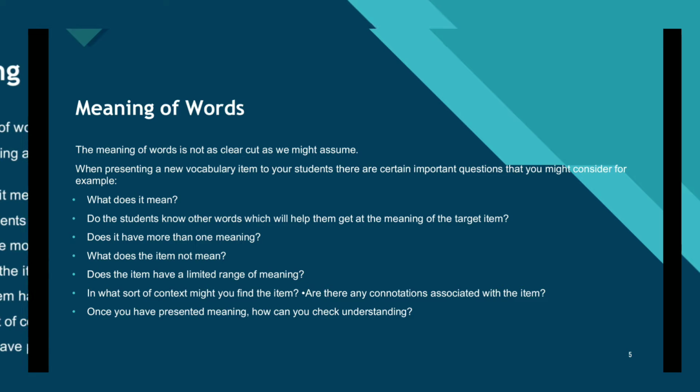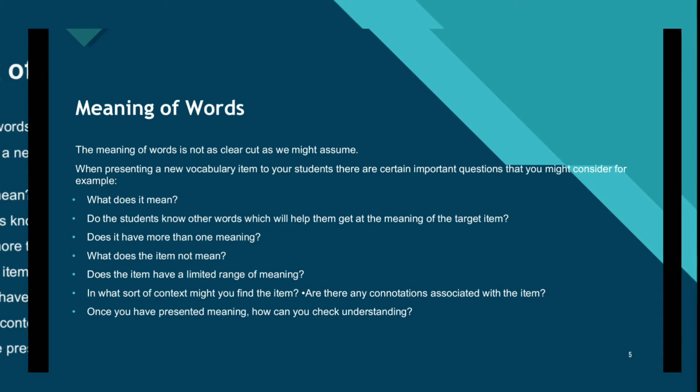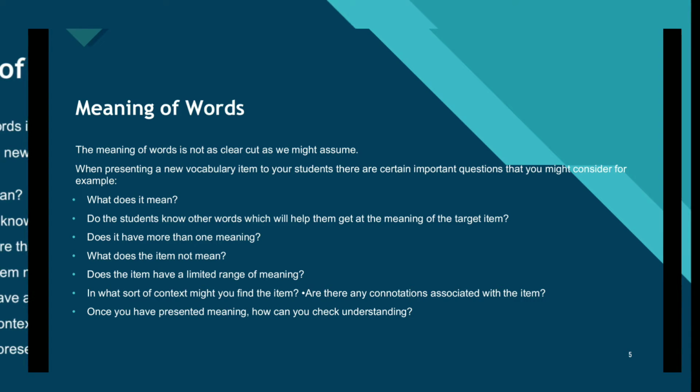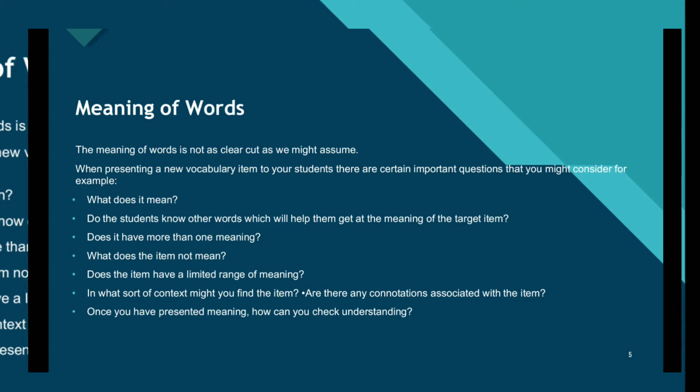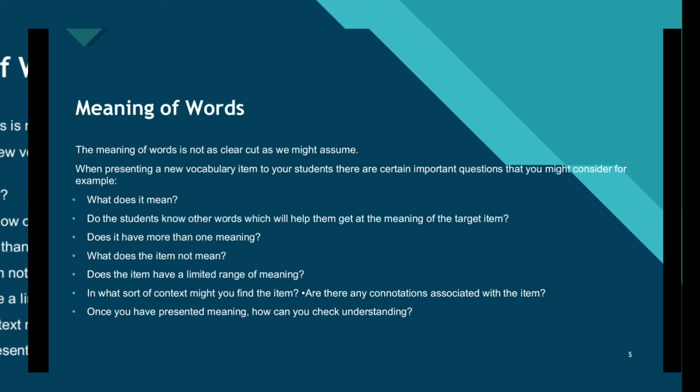Does the item have a limited range of meaning? 6. In what sort of context might you find the item? 7. Are there any connotations associated with the item? 8. Once you have presented meaning, how can you check understanding?